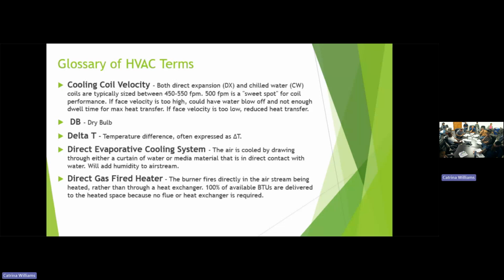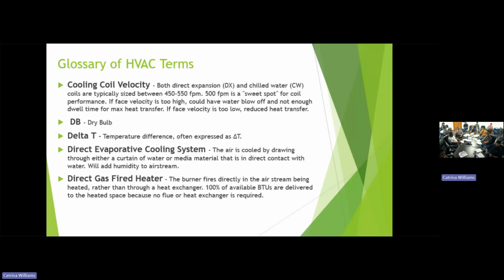Direct evap cooling. If you've been around or in the shop, you might see us building some Alton evap units. Those are direct evaporative cooling. What that means is the air is cooled by drawing it through either a curtain of water or media. We use the media, and it's direct contact with water. Water touches the airstream.